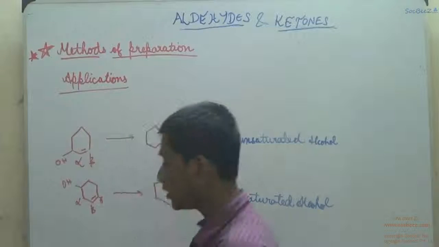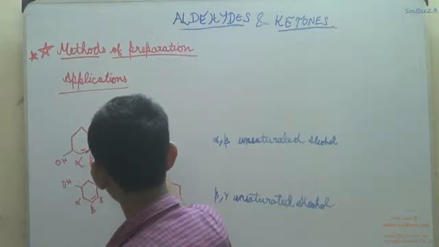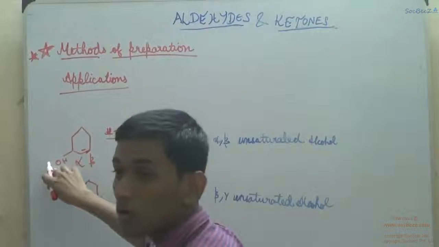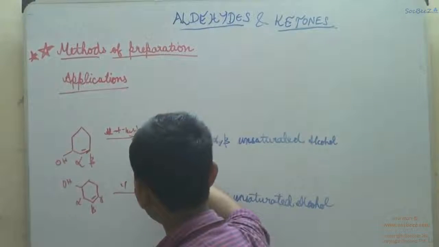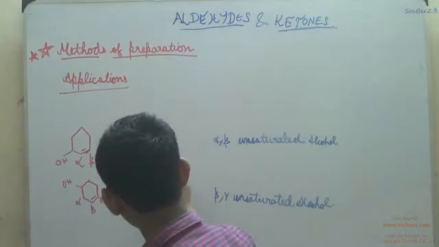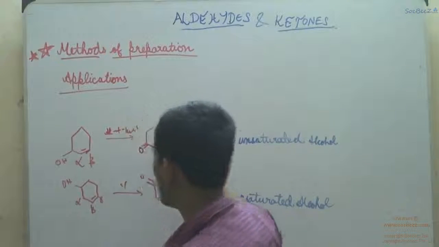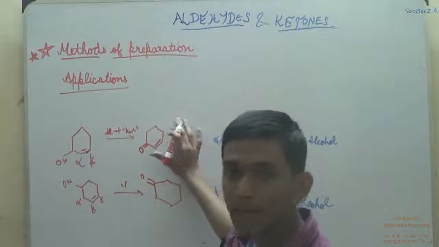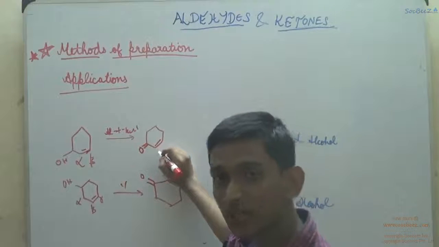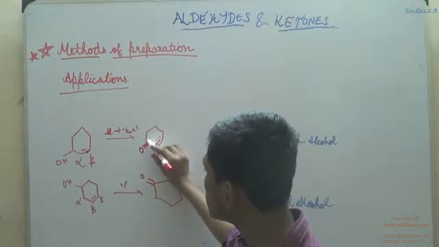Now what happens when you treat with Oppenauer oxidation? What is the reagent? Aluminium tert-butoxide. The OH alcohol gets converted to C=O. Here also C=O, preserving the carbon skeleton. For alpha beta unsaturated alcohols, it just gets converted to alpha beta unsaturated ketones without any rearrangement. See, this is a very nice conjugation.